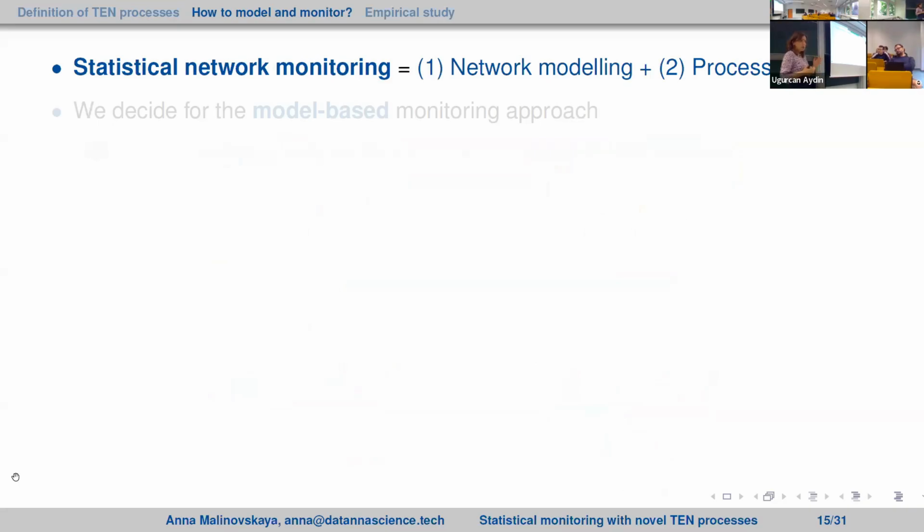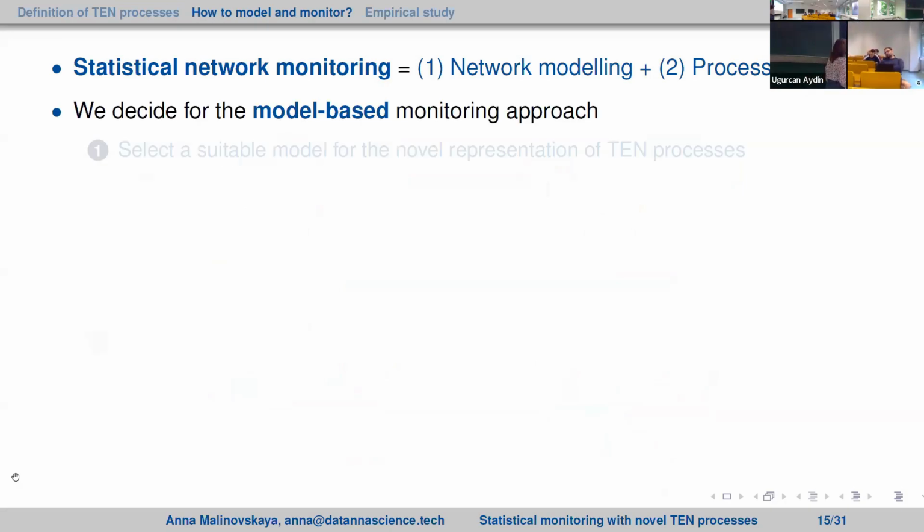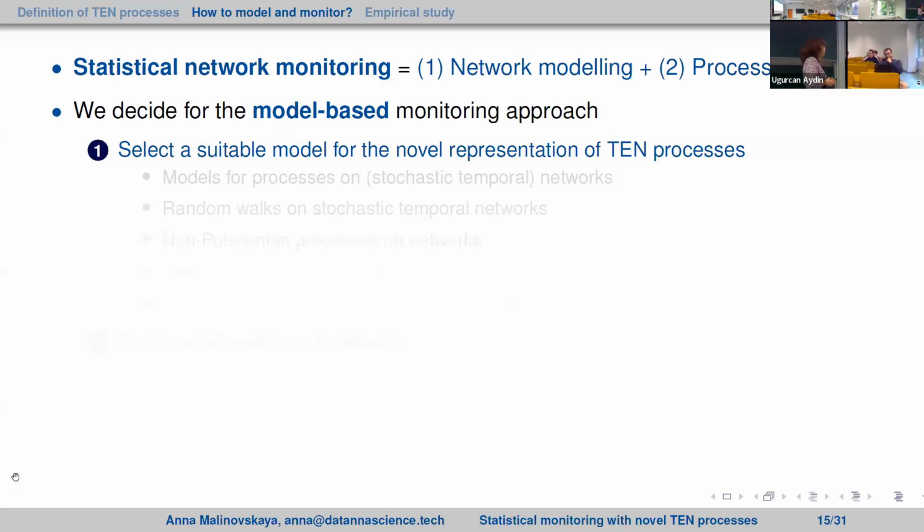Statistical network monitoring can then be subdivided into the network modeling part and the process monitoring. There are different ways you can perform the process monitoring in general, like data-driven, for example. We decide, however, for the model-based monitoring approach, and this means we first need to select a suitable model to model this new representation of temporal edge network processes.